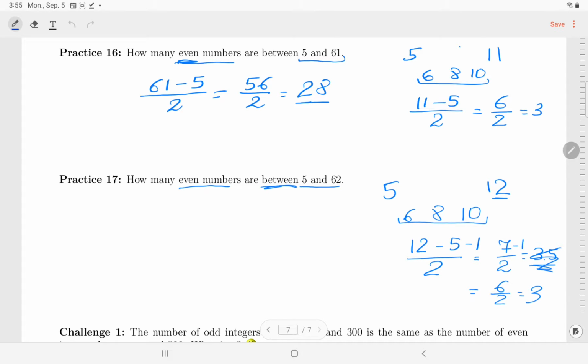This type of questions, 16 and 17, often show up in different competitions. These are interesting questions. So here we do 62 minus 5 minus 1 divided by 2. And again, if you use small numbers, you can figure out the formulas. So again, we have 28 even numbers between 5 and 62.